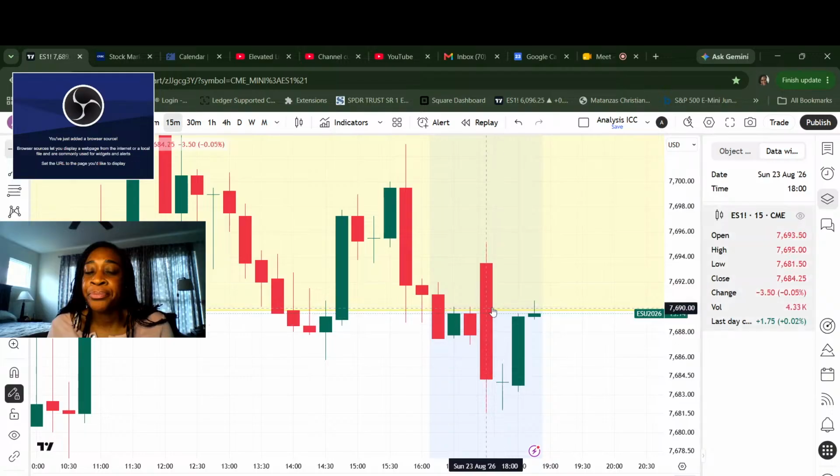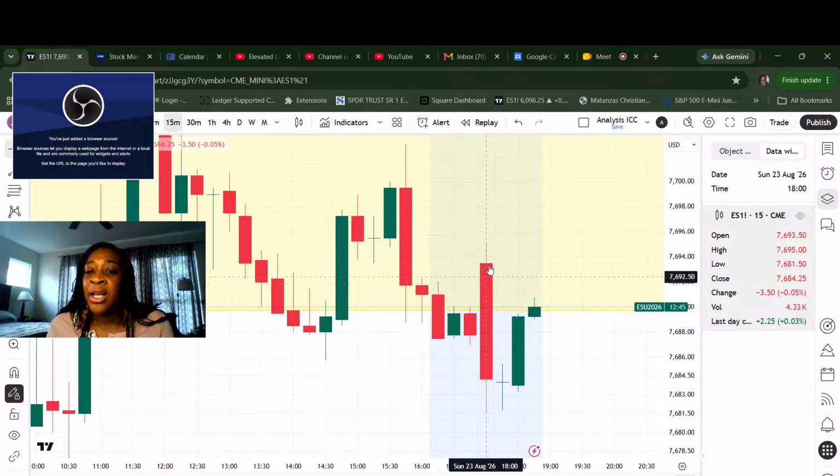The body tells me where the price opened. It went up initially, came back down and met its opening price, and then continued even further down, all the way to here. But before it closed in that 15 minutes, it came up and closed right here.